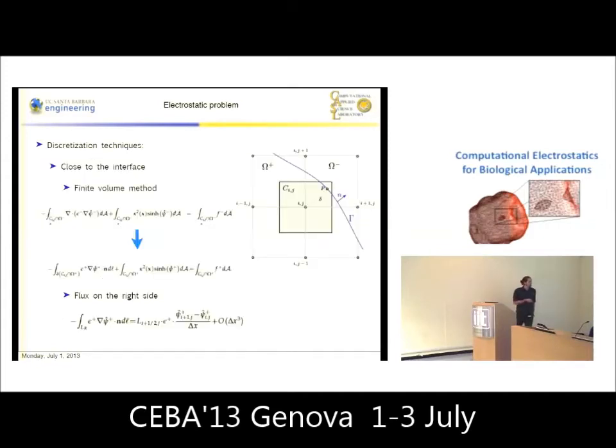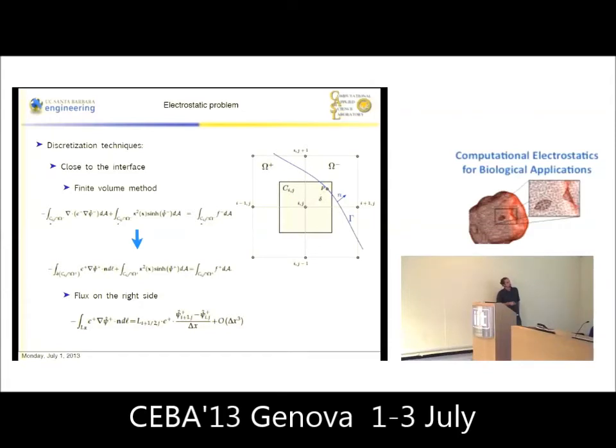When we're close to the interface, that's where the problems arise, because close to the interface we're going to have the molecule. By definition, the molecular interface is closed, and so we're going to have to somehow impose the jump condition on the interface. If we look at this case, this gray cell is crossed by the interface.